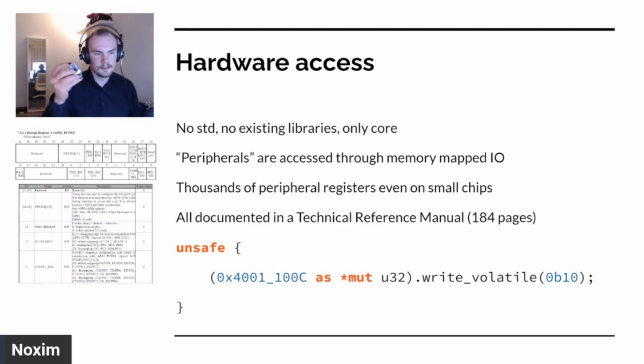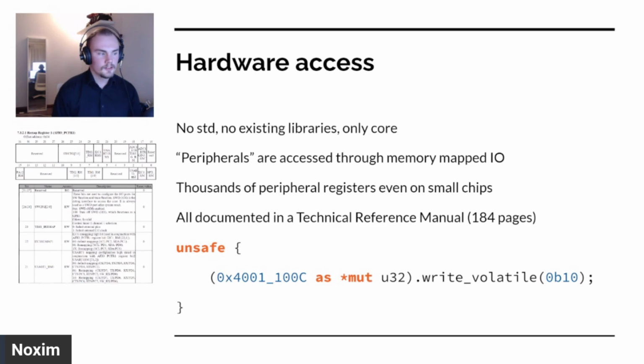And to access, for example, how do you set one of the pins on this microcontroller on? You have to do it through something called memory mapped IO, which is just a specific memory address in the 32-bit address space that when you write to it or read from it, that causes actual things to happen in hardware.